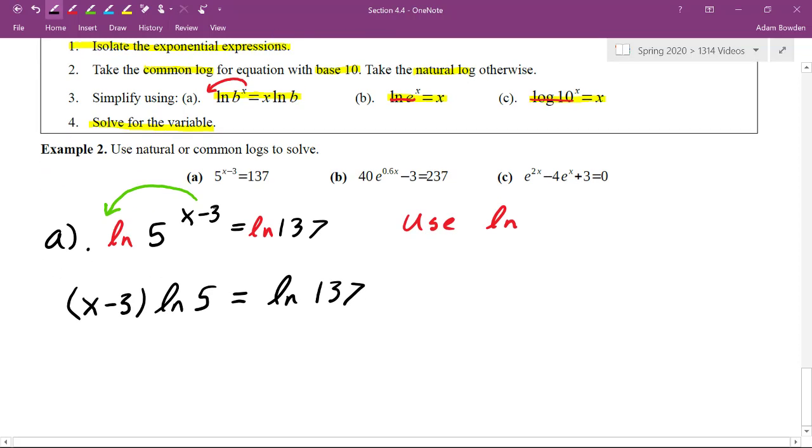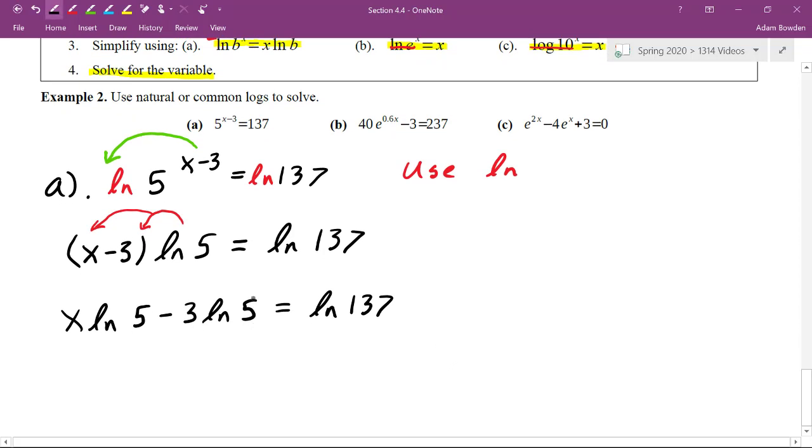Okay, now that's helping us out because now the x is down here rather than up there. In order to solve, I'm going to go ahead and distribute this ln of 5 into the parentheses. That's going to make it x ln of 5 minus 3 ln of 5 equals ln 137.